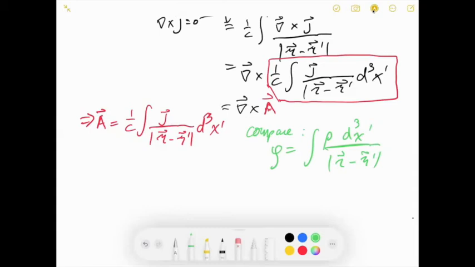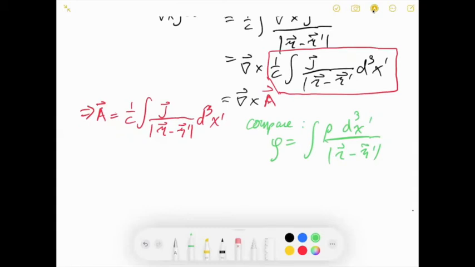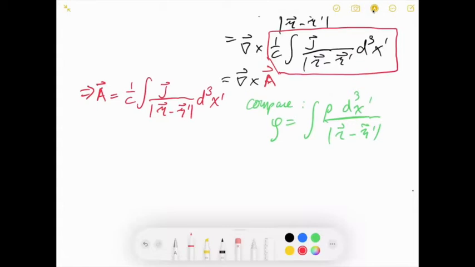So I hope you realize that the scalar potential and the vector potential formulation look very similar. There's a source term, and then it goes like 1 over R minus R prime, which is measuring the distance to that point of interest.